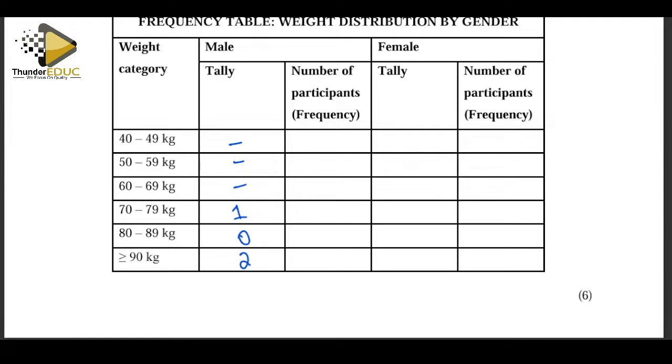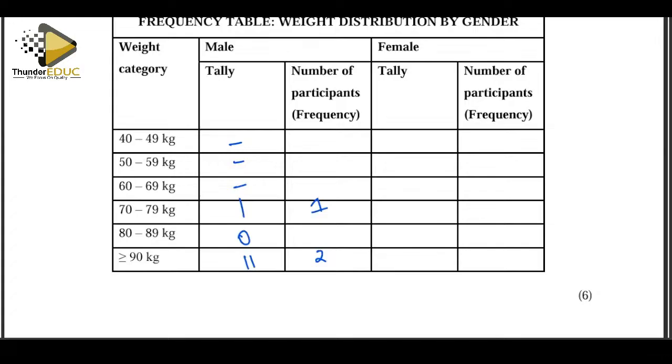Okay, so we continue, and these ones have to be tally marks. Here it's 1, so becoming 1, there are 2, becoming 2.